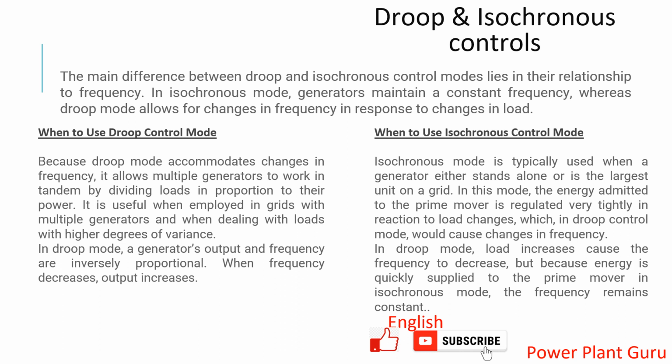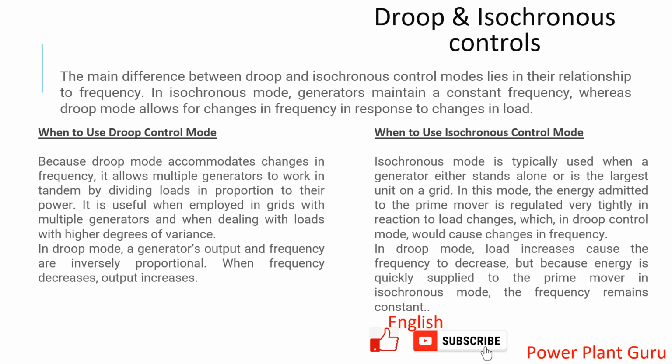Then the question comes, when is this isochronous mode required? In some cases where you want a very standard speed, based on some process requirement or other requirement, you keep a large machine. Let's say all your machines are 30-35 megawatt, and you have a machine of 150 or 180 megawatt.